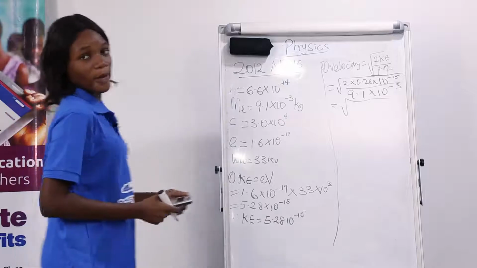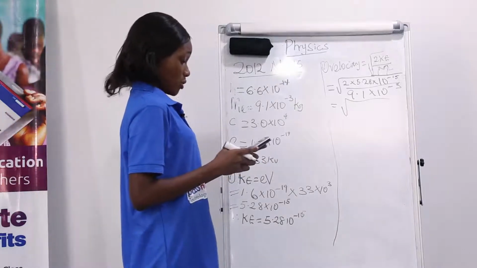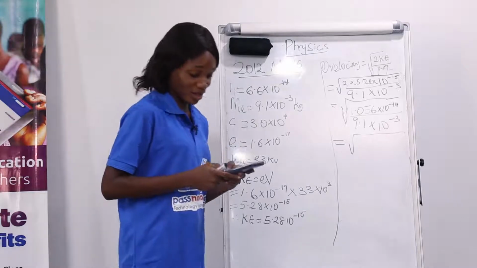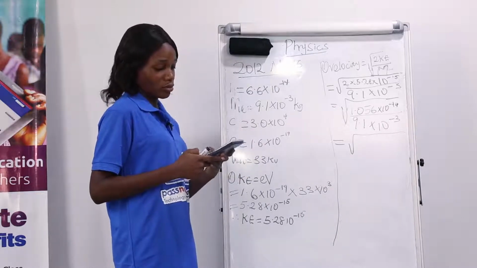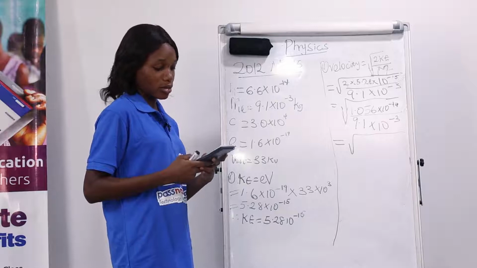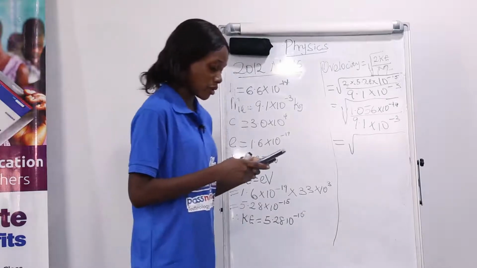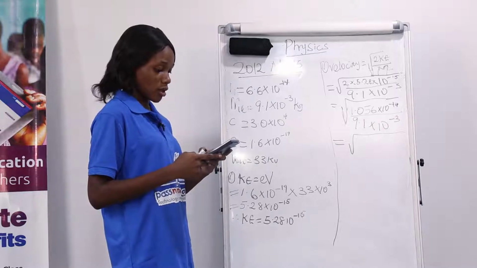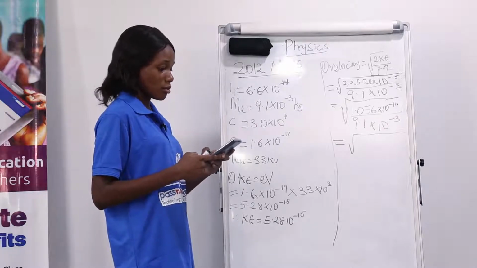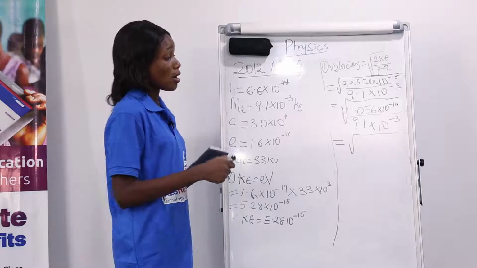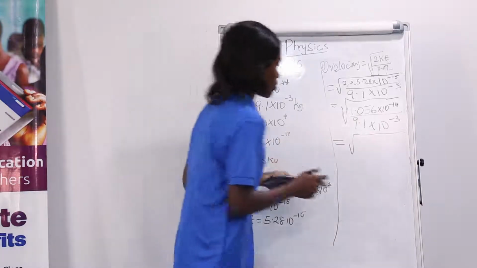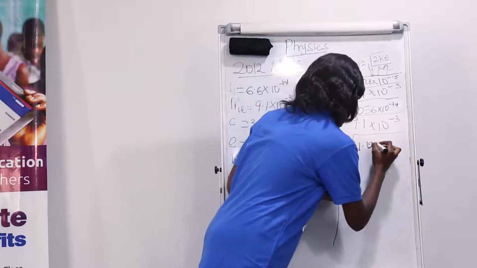5.28 times 10 raised to the power minus 15 multiplied by 2. Dividing 1.056 times 10 raised to the power minus 14 divided by 9.1 times 10 raised to the power minus 3 will give us 1.052.